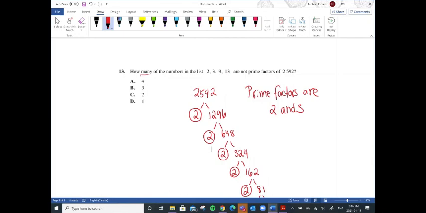The question says how many of the numbers in this list, 2, 3, 9, and 13, are not prime factors? So 9 is not a prime factor, and 13 is not a prime factor. We only had 2 and 3, so those two are prime. So you would say 2 of those numbers from that list are not prime factors.